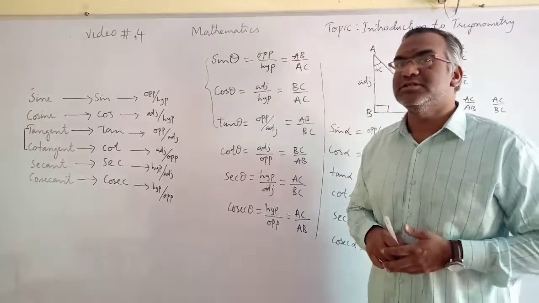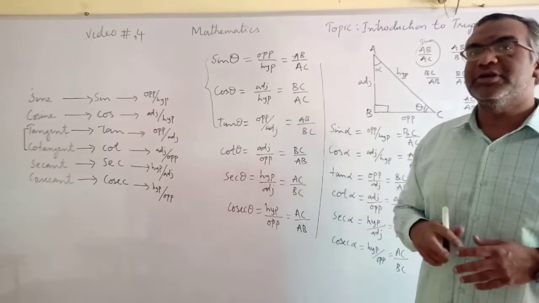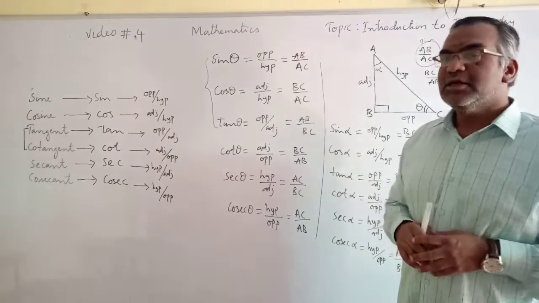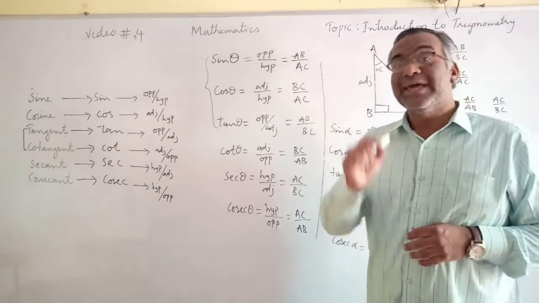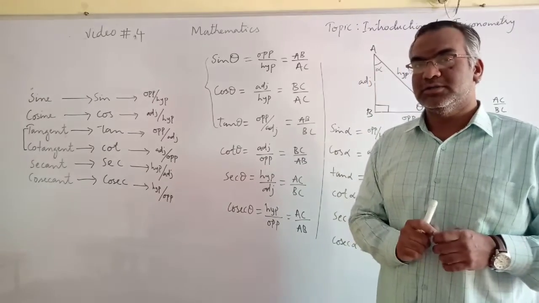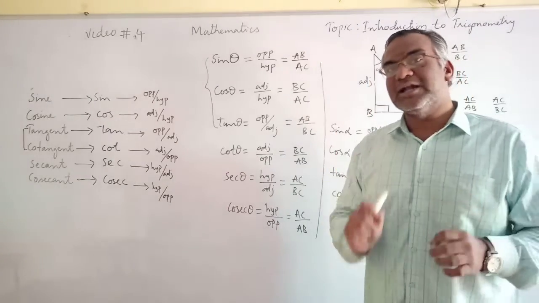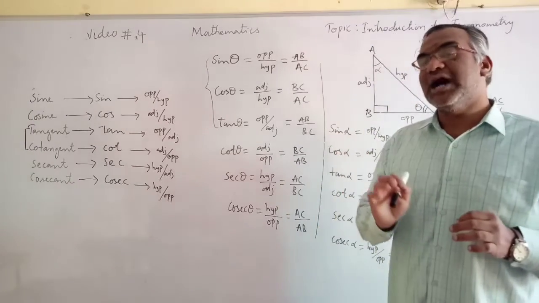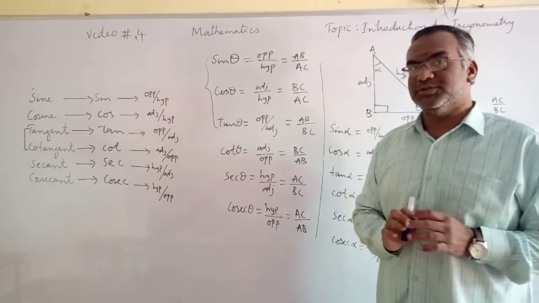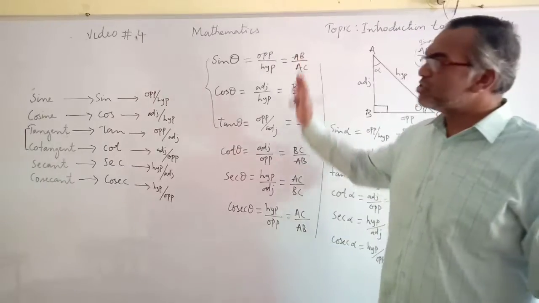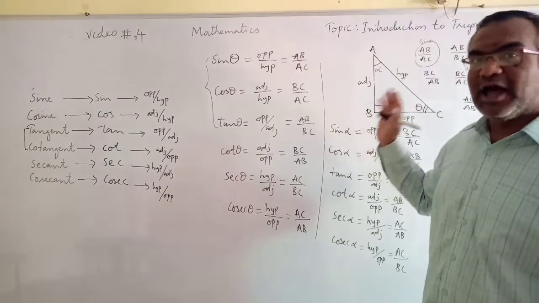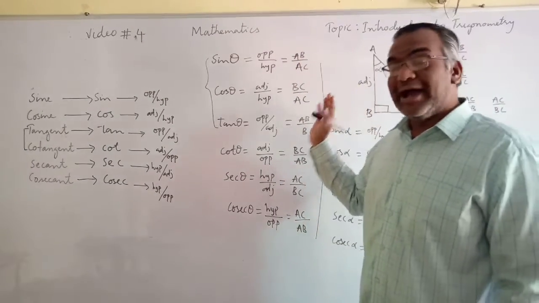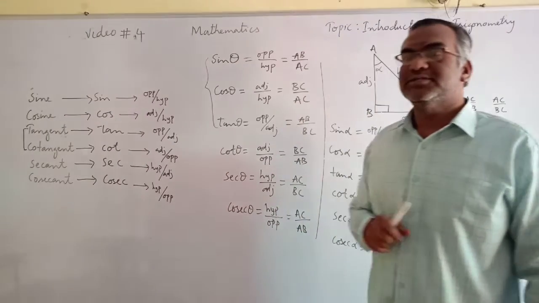There are some identities, then trigonometric ratios of standard angles. Then we will solve problems from the NCERT book, which is also used in the Karnataka state syllabus. But before that, I want to teach you identities and standard angles.